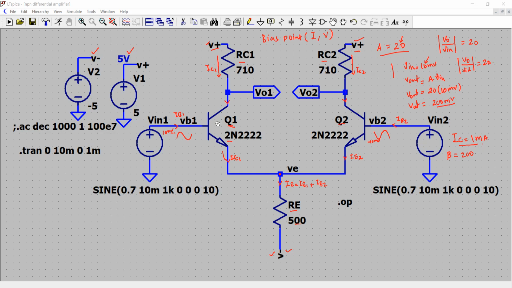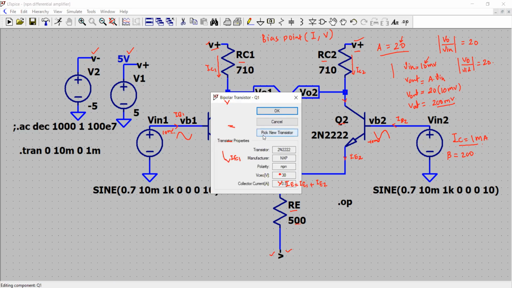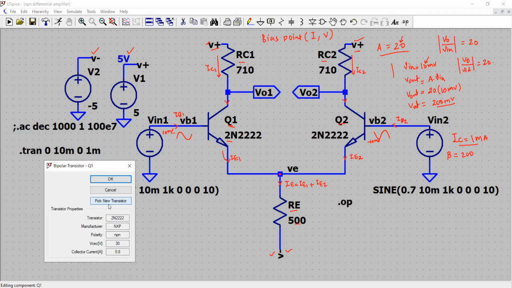I'll right click this transistor model and click the pick new transistor option. But before that, I would like to show you that we are using this transistor from the manufacturer, and as the name suggests, it is an NPN transistor, and these are the maximum voltage and current ratings.